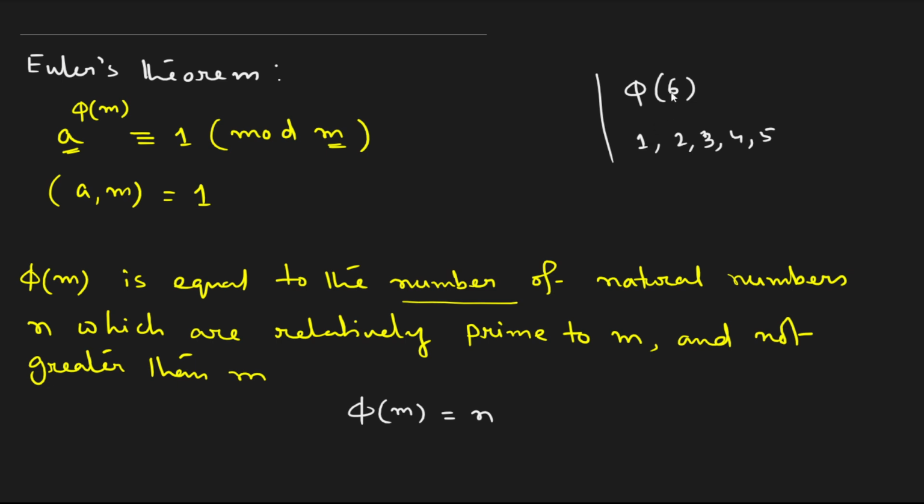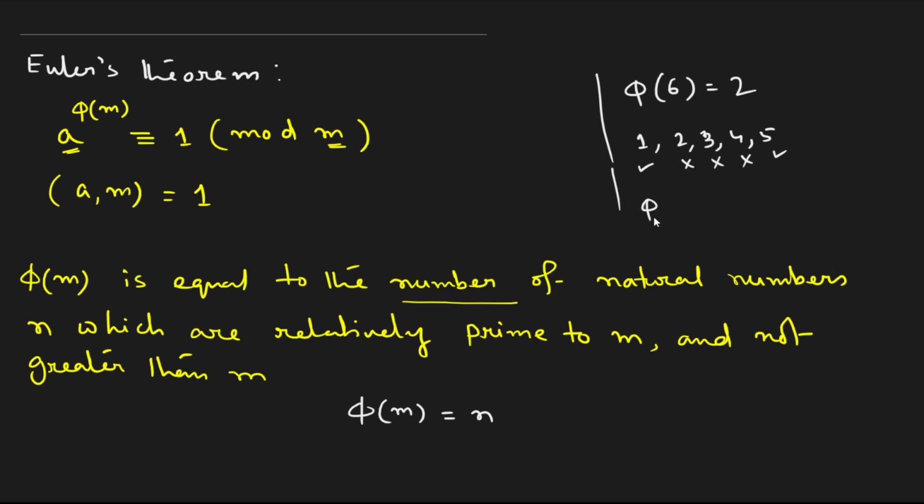If we take 1 and 6, the HCF is 1, so we will consider this one. But when you take 2 and 6, the HCF is not 1, so we will not take this one. Similarly, we cannot take 3 or 4. But 5 will come. So how many numbers? 2.